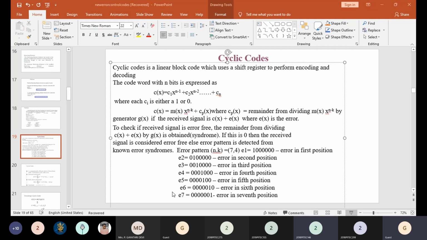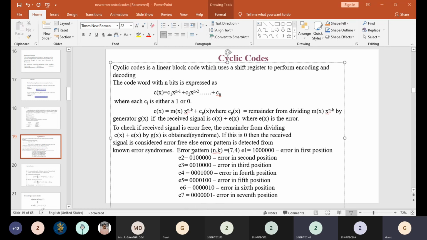Then the constraint is that the multiplication of the generator polynomial and the parity check polynomial should be equal to x power n minus 1.